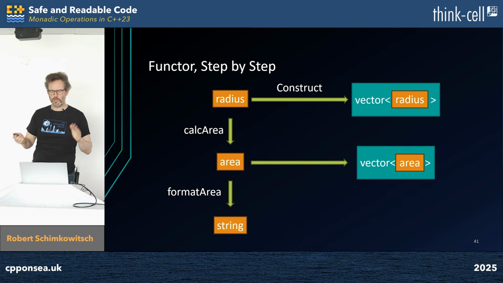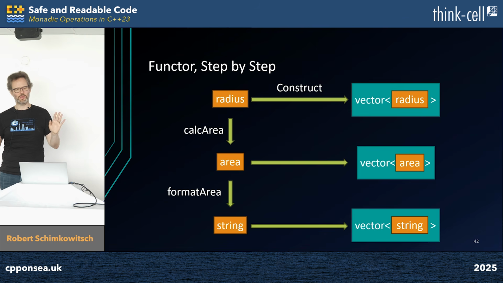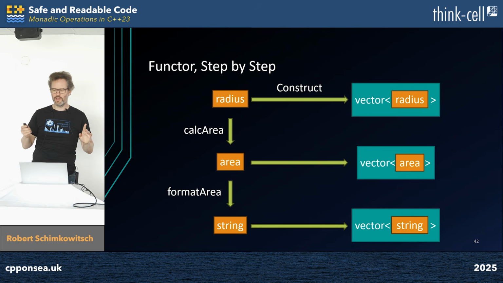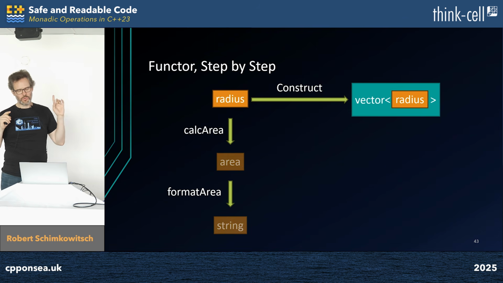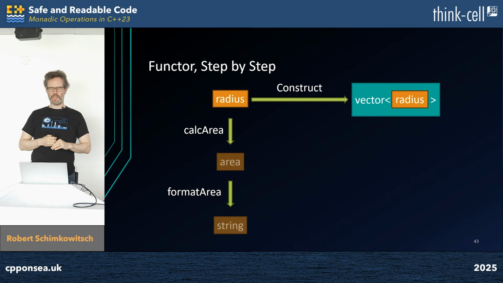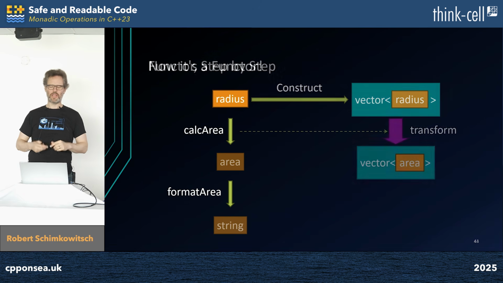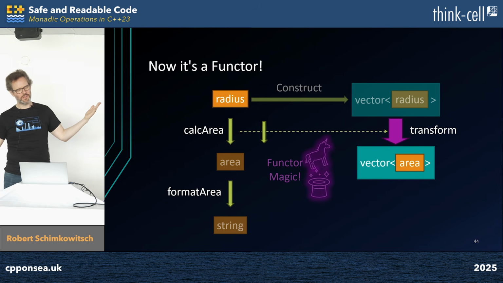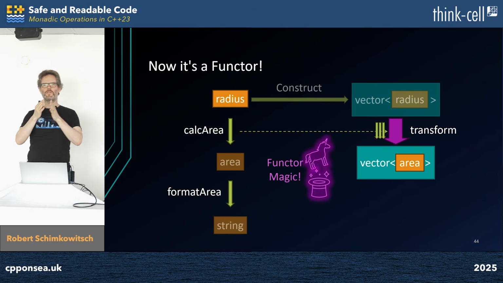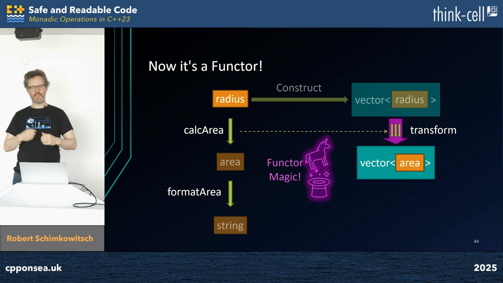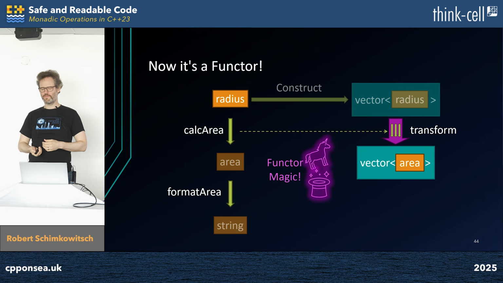We could do the same for area and string, but that's not what we're interested in right now. We want to start with the vector of radii. And we have this function which can transform the single item. And now we use functor magic to apply this function to all items, so we get a vector of areas.